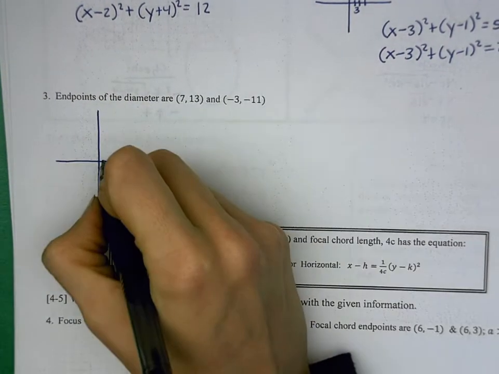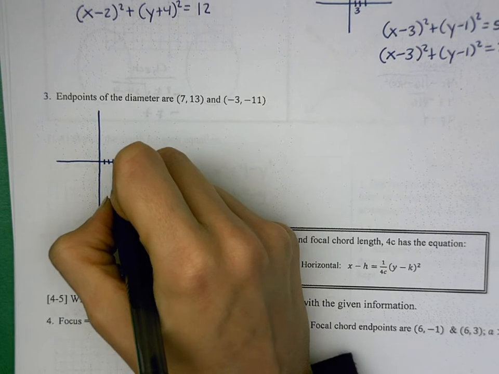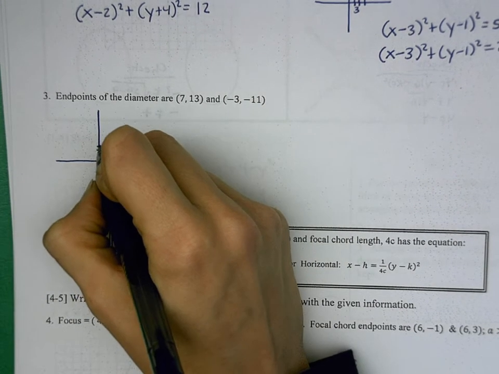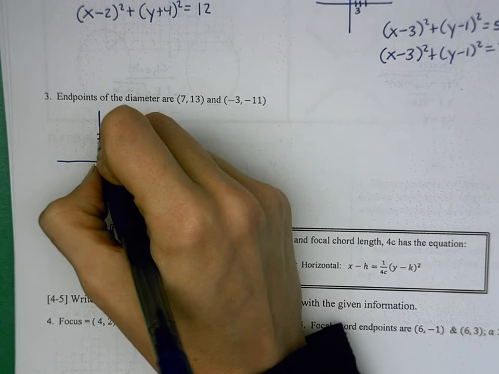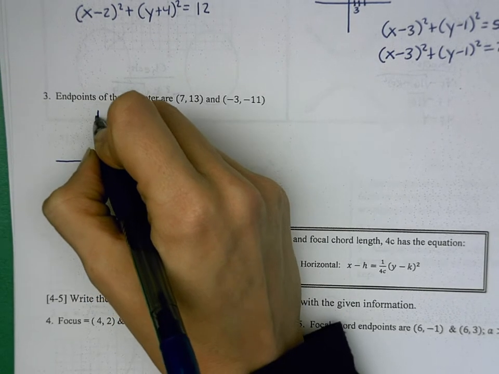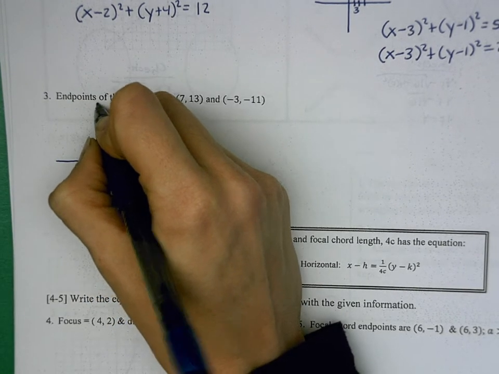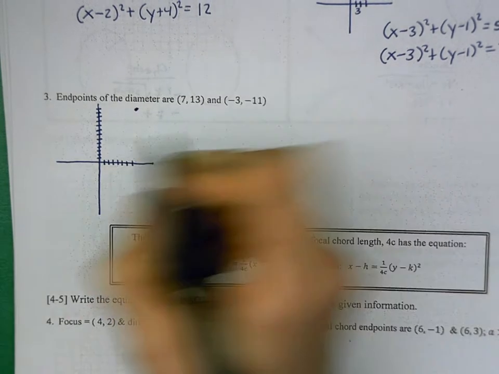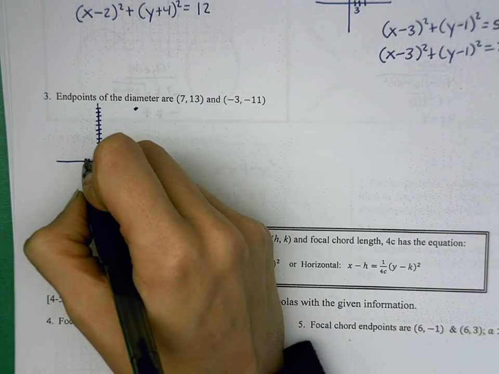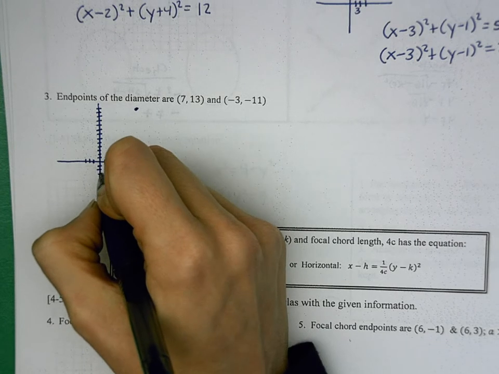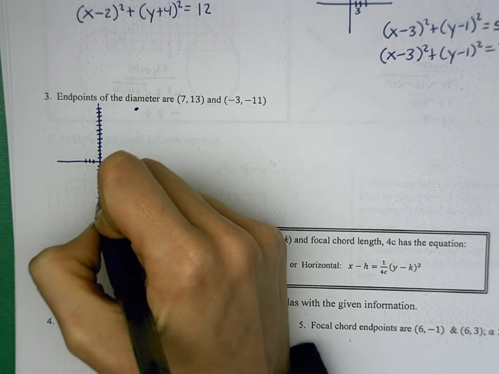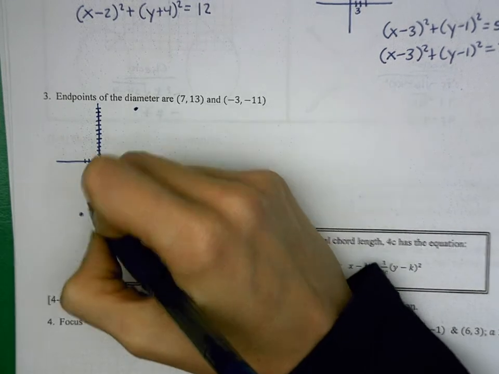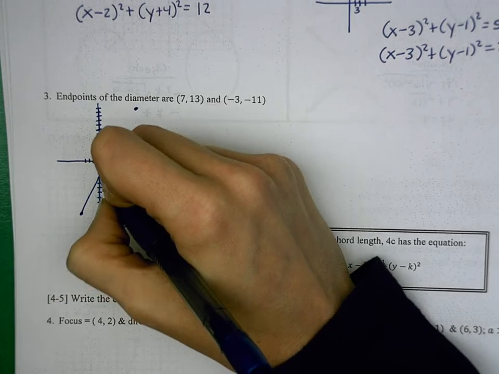So we've got our (7, 13), counting over 7 and up 1 through 13. It's up here. And then (-3, -11), counting down to 11. Okay.